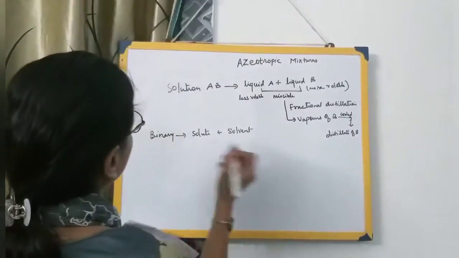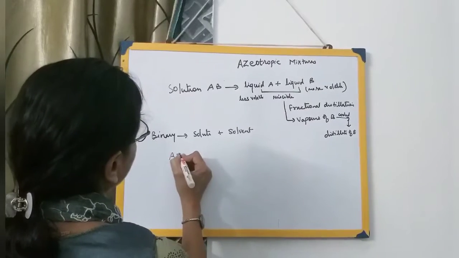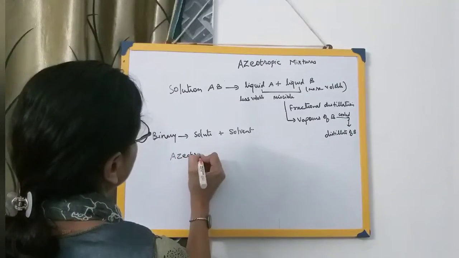So let me define the azeotropic mixture. What do we mean by azeotropic mixture?